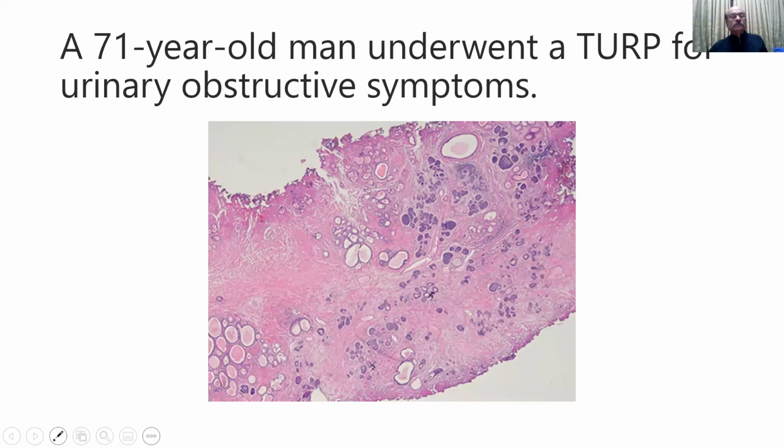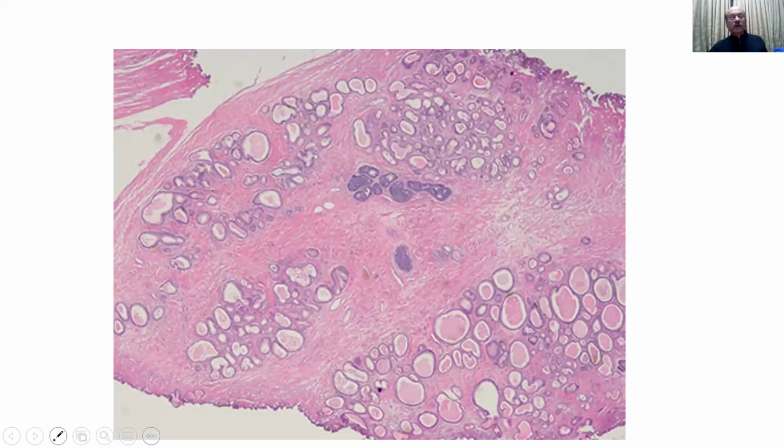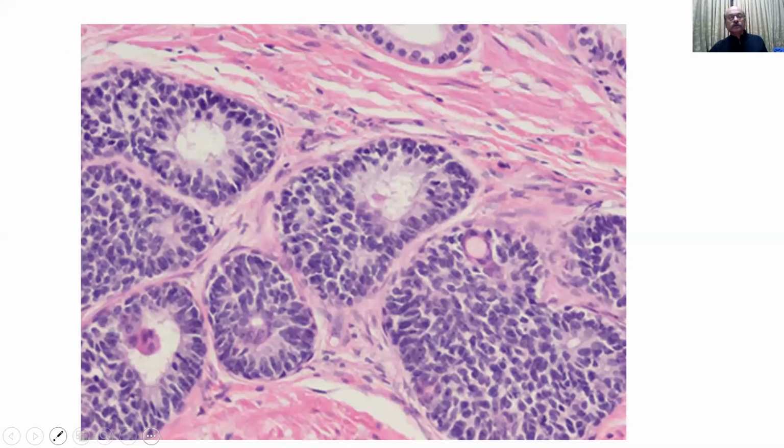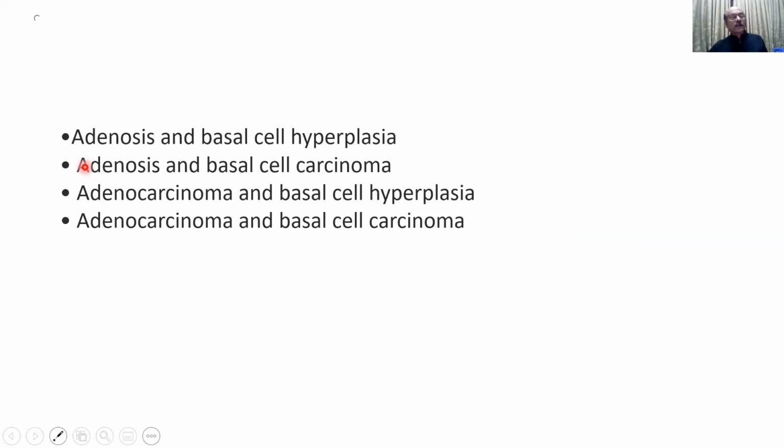This is a 71-year-old man who underwent a TURP for urinary obstructive symptoms. So these are normal only. This one is the tumor focus, high power view, and here are the choices: adenosis and basal cell hyperplasia, adenosis and basal cell carcinoma, adenocarcinoma and basal cell hyperplasia, adenocarcinoma and basal cell carcinoma.